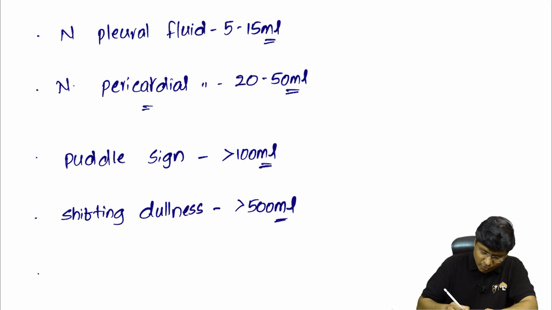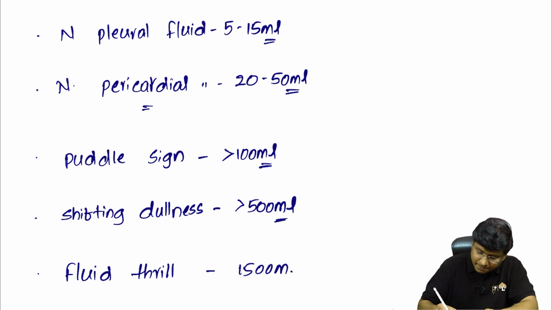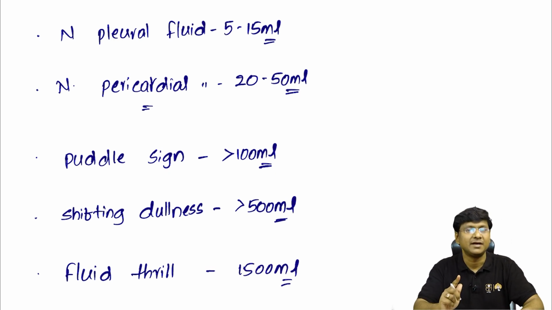We do what is called the fluid thrill. So 100 ml can be detected by the Puddle sign, 500 ml by shifting dullness, and 1500 ml by the fluid thrill.